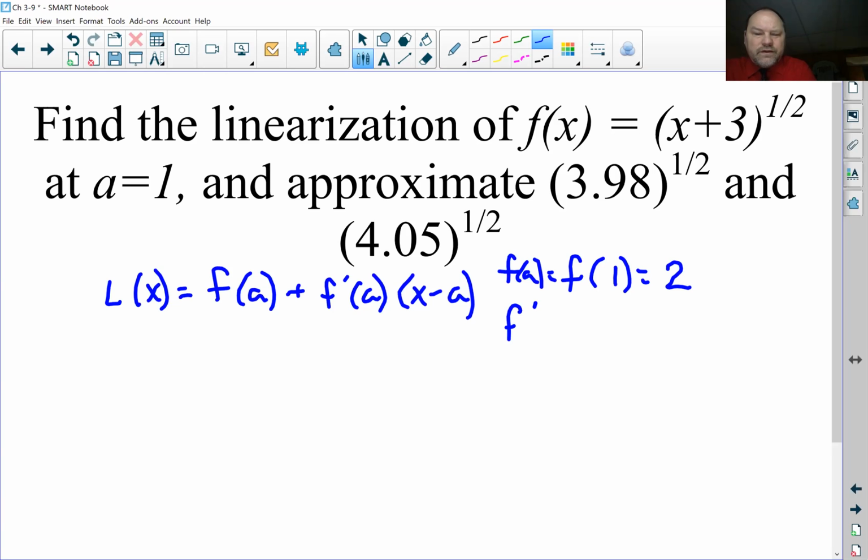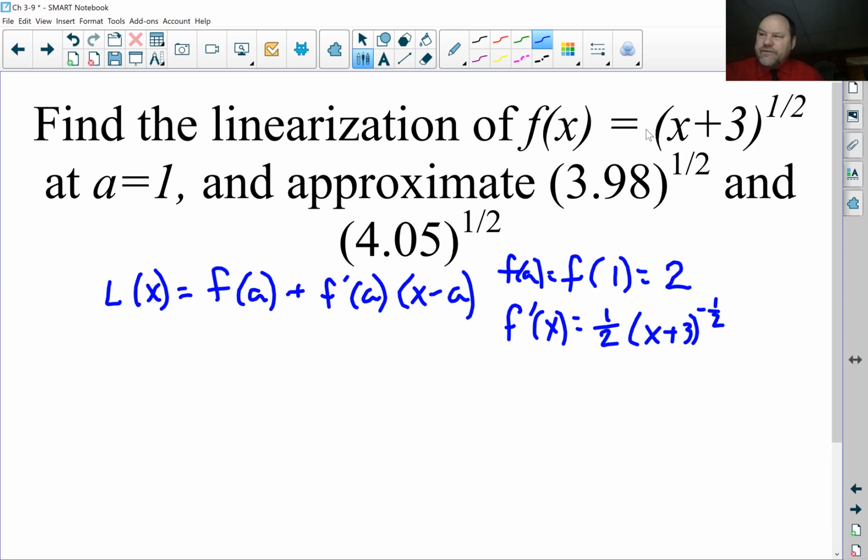f prime, I'm going to take f prime of x first, and then I'll evaluate it at a. So we have a power rule. So we bring the power down, take x plus 3 to 1 less power, and then technically it's a chain rule. So we would need to take the derivative of the inside.